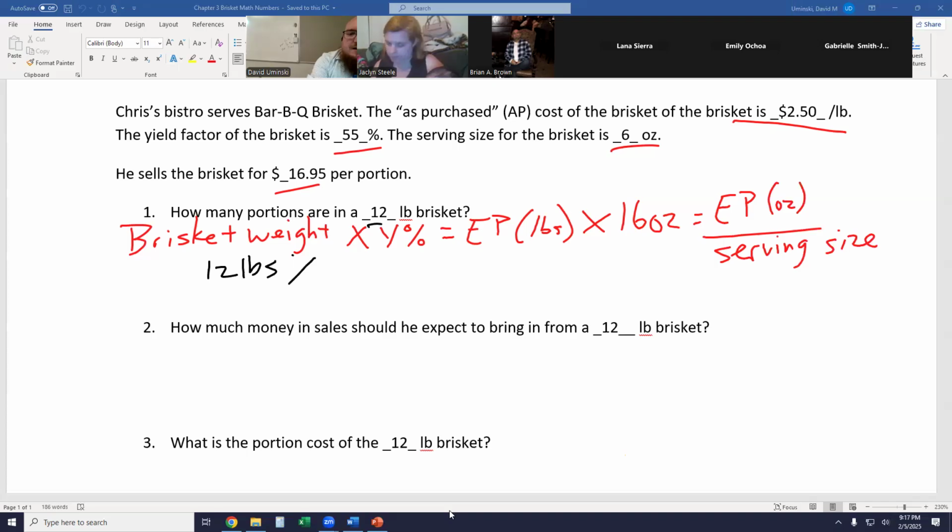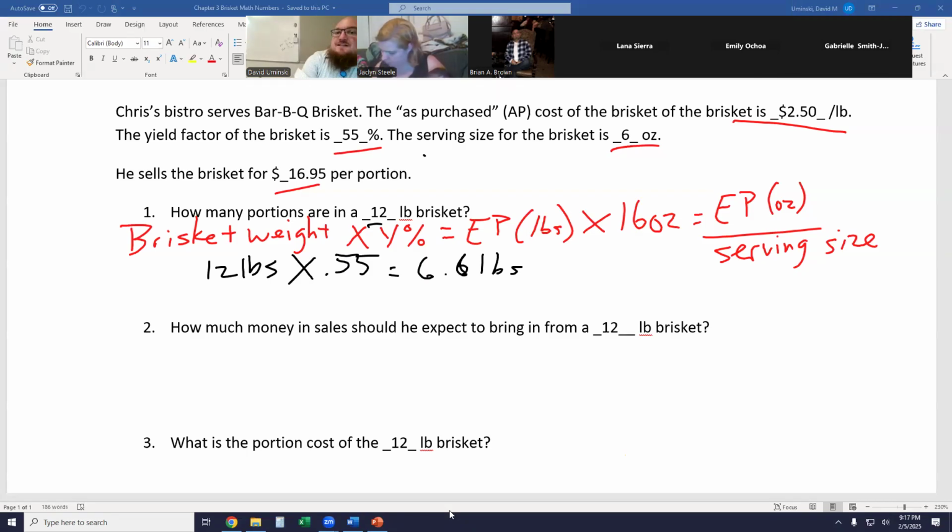My yield factor is 0.55. So that is going to give me 6.6 pounds of edible portion. I start with 12 pounds, multiply by 0.55, I get 6.6 pounds.